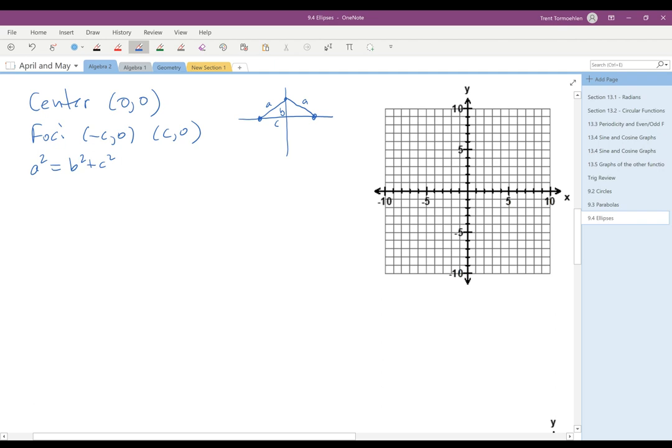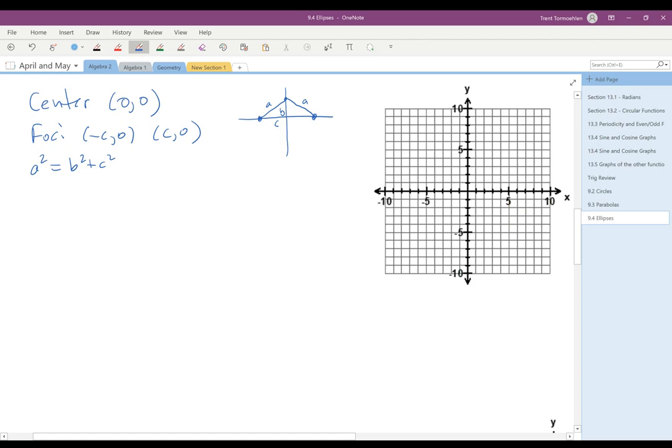And then from there, the distance from the center to a point on the ellipse on the x-axis is going to also be a. The reason is that the distance from the center to these points has to equal 2a in both directions.